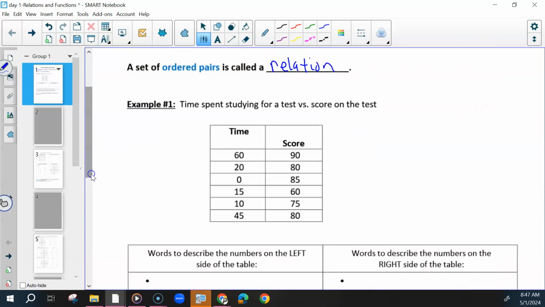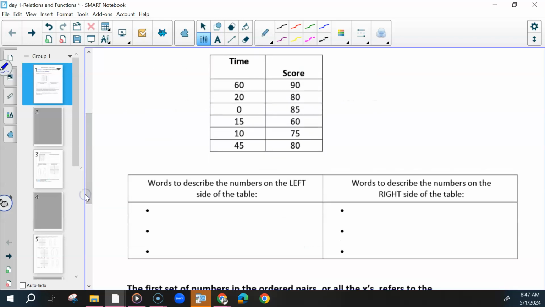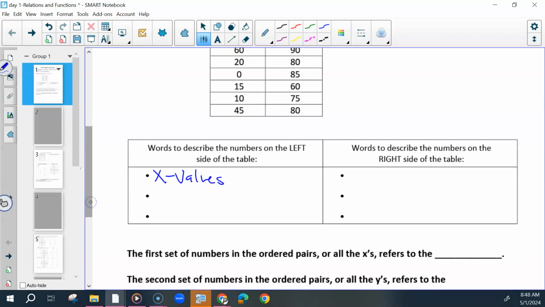So here we are given a table. How would I describe the left side of this table? What words could I use to describe it? The x values. What are some other ways to describe the x values in this table?